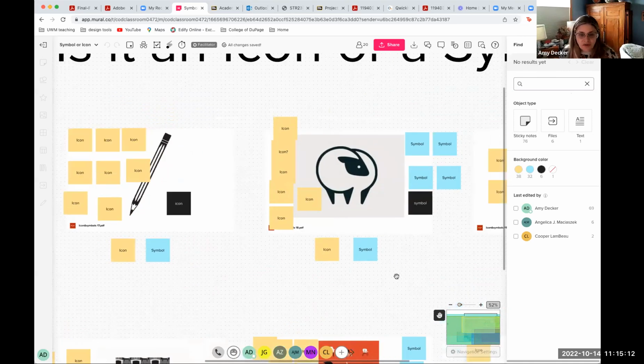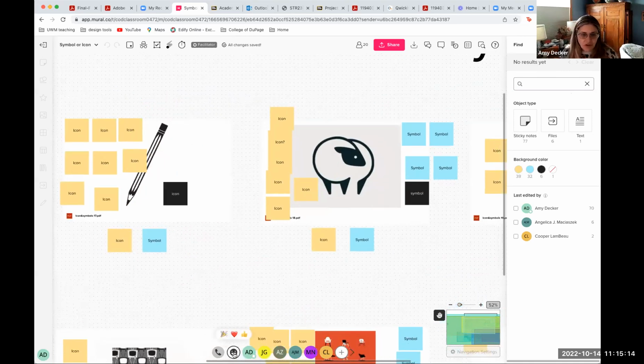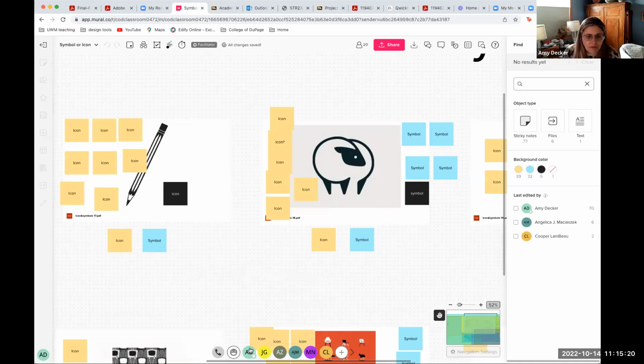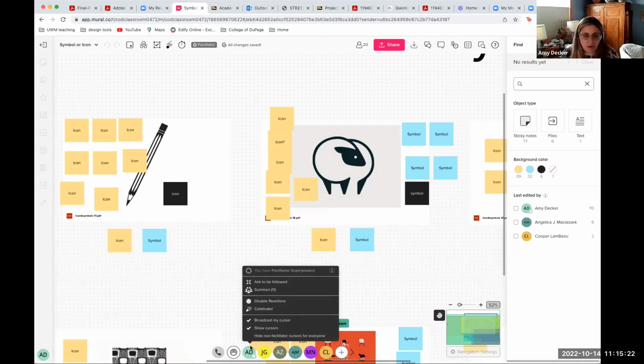Moving over to the sheep. What do we think? It looks like icons are winning, but there are also some symbols.